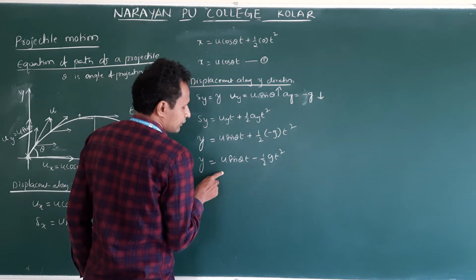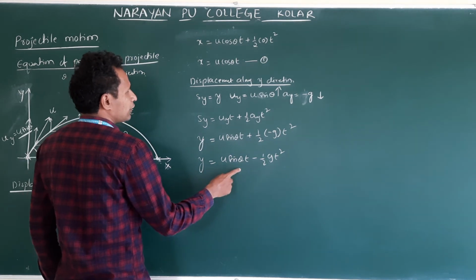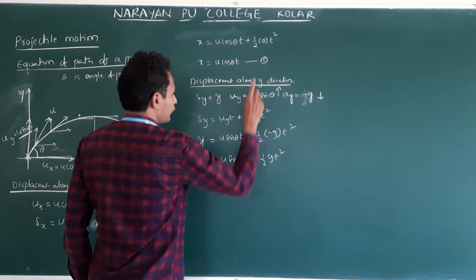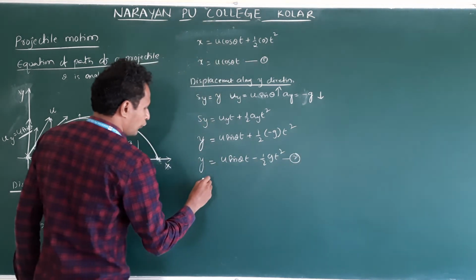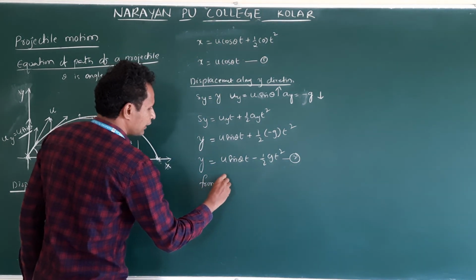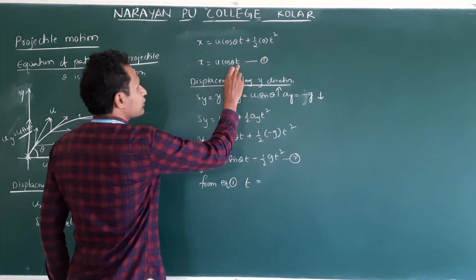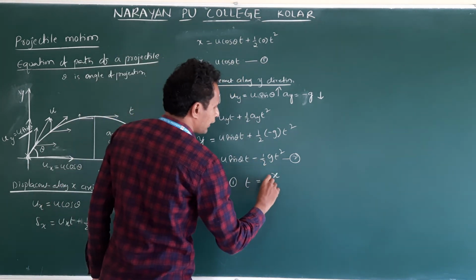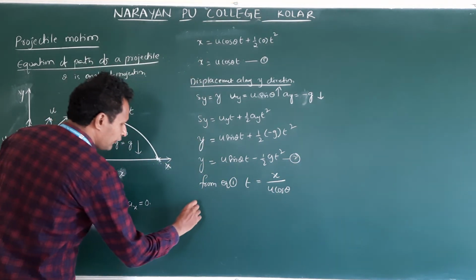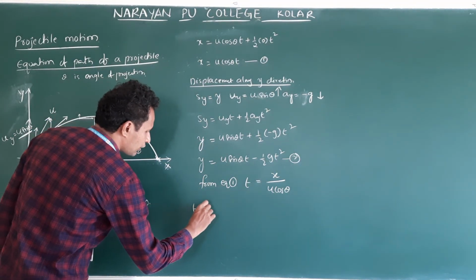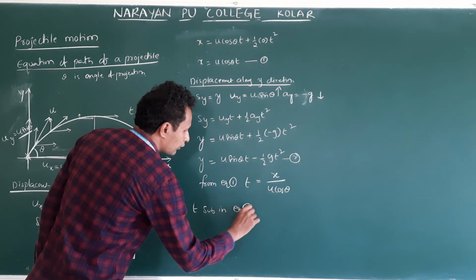In this I would like to eliminate t. How do we eliminate it? Using the first equation. This is equation 2. From equation 1, make t the subject, then what do you get? T is x by u cos theta. Substitute this t value in equation 2.